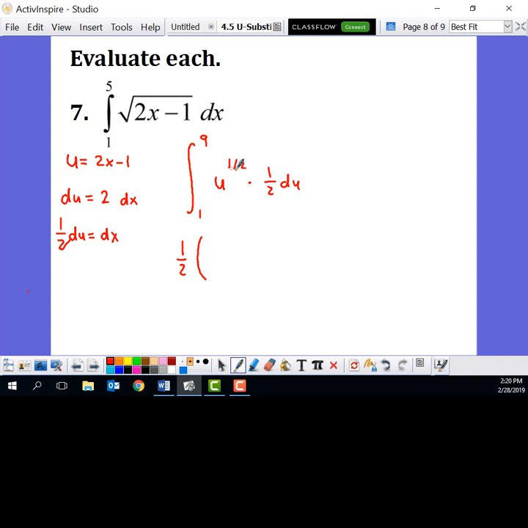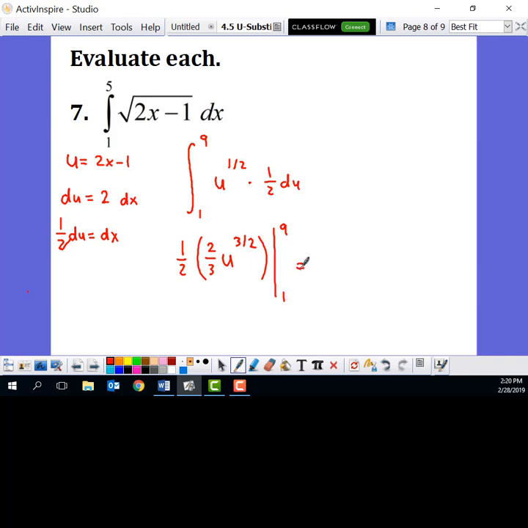So if I add 1 to this exponent, 1/2 plus 1 is u to the 3/2 power, and then I multiply that by the reciprocal of the exponent, so 2/3, and we're going to evaluate this from 1 to 9. Now again, you do not, on these problems, need to sub back in for u because you already adjusted your upper and your lower bound.